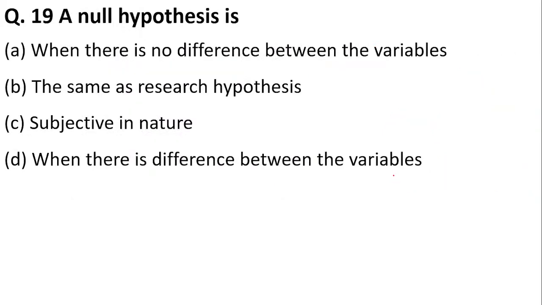A null hypothesis is when there is no difference between the variables, the same as the research hypothesis, which is subjective in nature, when there is a difference between the variables. So what is a null hypothesis?